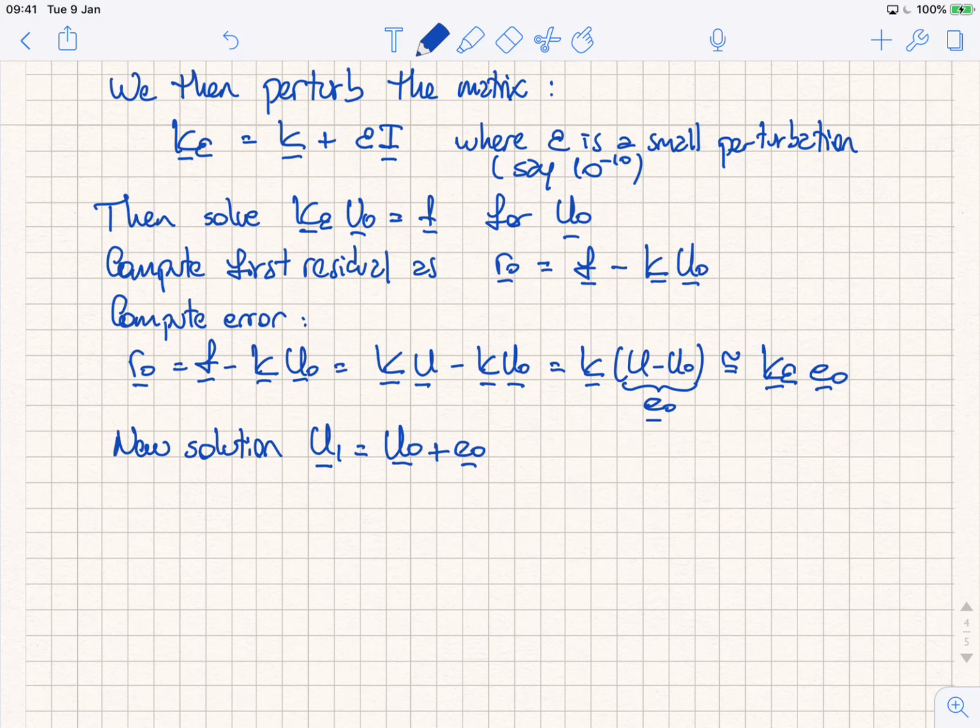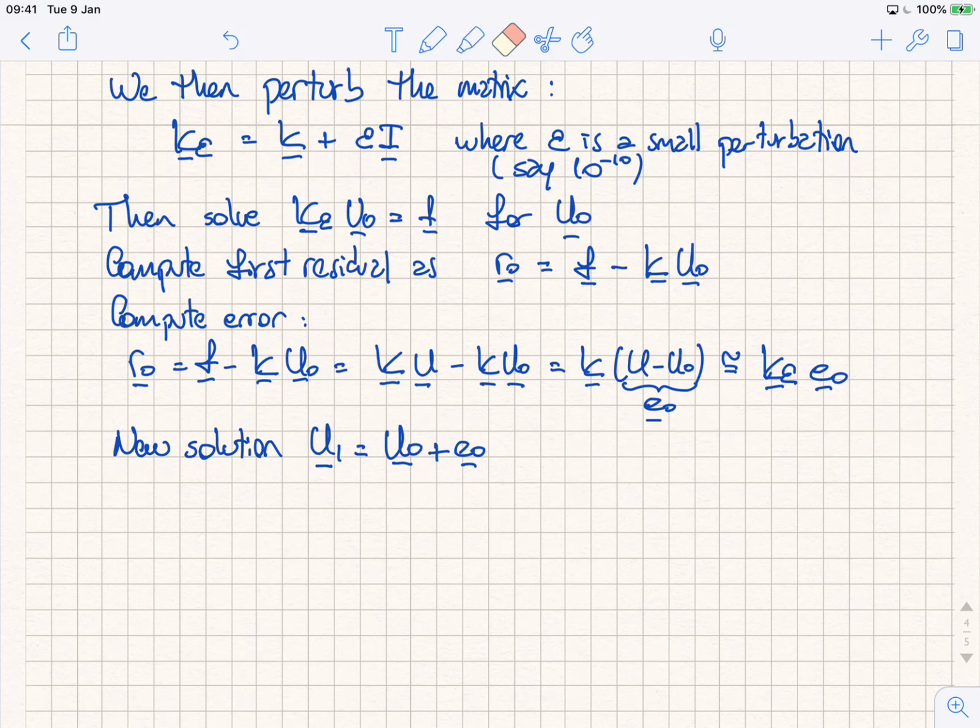I have R naught, and I have said right now that R naught is approximately equal to k epsilon e naught. So I can solve for e naught by just inverting the system again. Yeah, and I have now the first value of the error. Keep in mind that so far I am basically inverting my matrix only once. So I do the LU factorization only once in k epsilon, and we're basically reusing that information as we move along. So the complexity of the algorithm doesn't grow very much. We will talk about that in a minute.